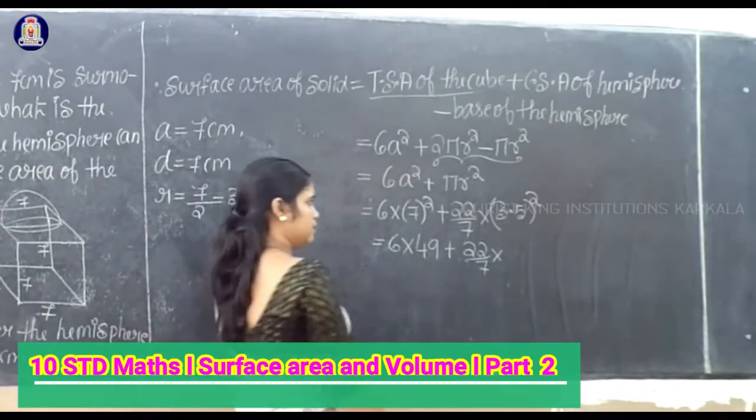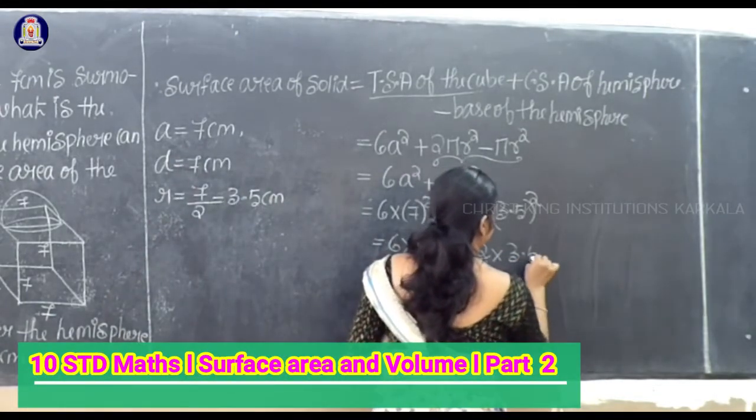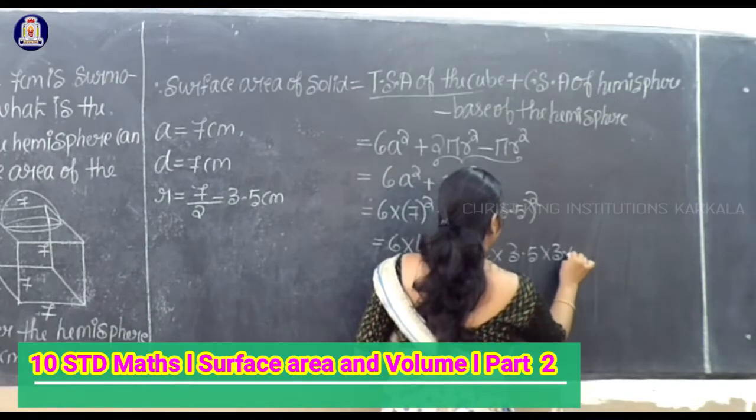Can I split 3.5 whole square like this, 3.5 into 3.5?